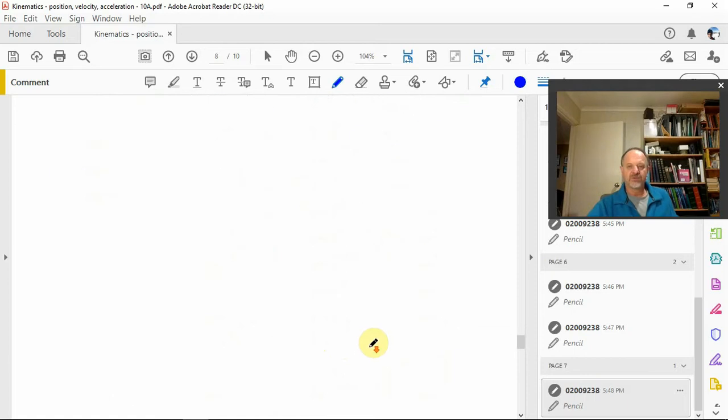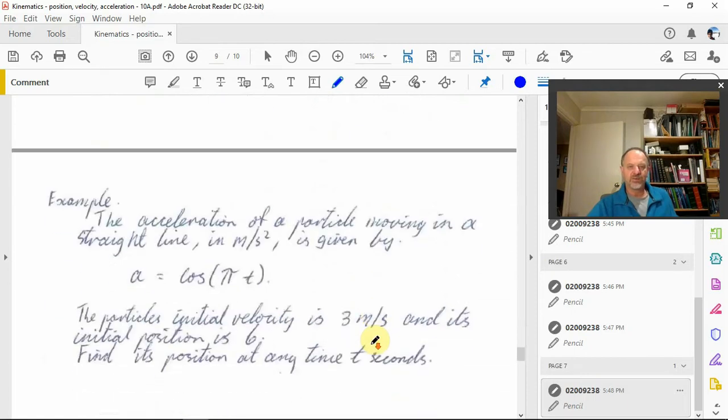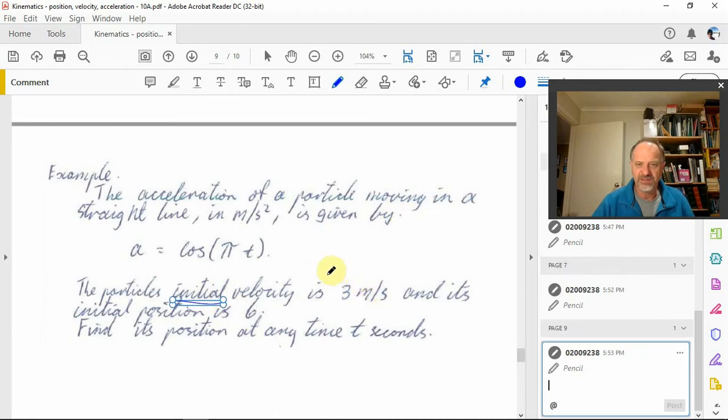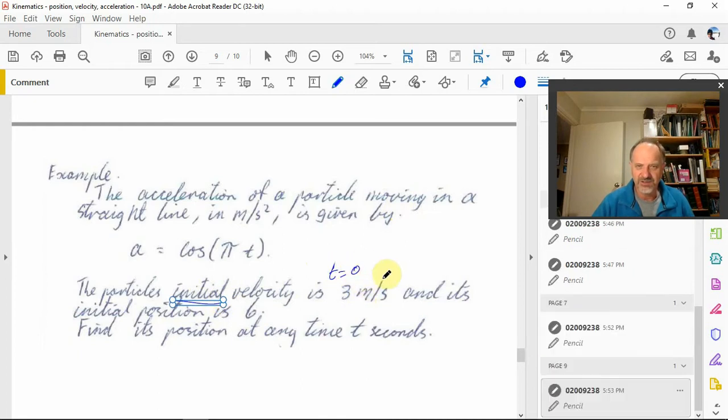Okay, so let's have a look at an example. The acceleration of a particle moving in a straight line in meters per second squared is given by that. Acceleration is cos pi t. Okay, so they don't have to be polynomials, they can be any kind of function. And we're told the initial velocity is 3 meters per second, so that's t equals 0, v equals 3.